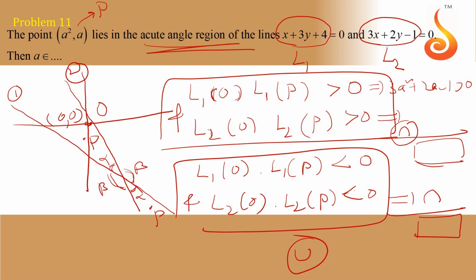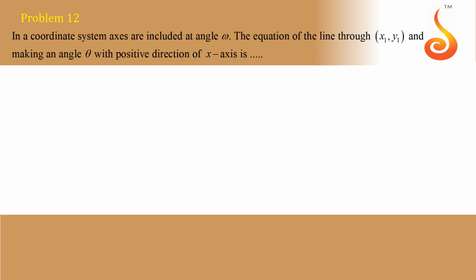Let us go to the next problem. 12th problem. In a coordinate system, axes are inclined at an angle, what is that? Omega. But in Cartesian, actually, we will say 90 degrees. But okay, these are called oblique axes.